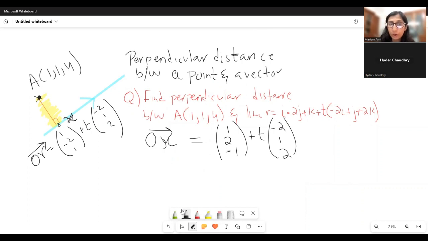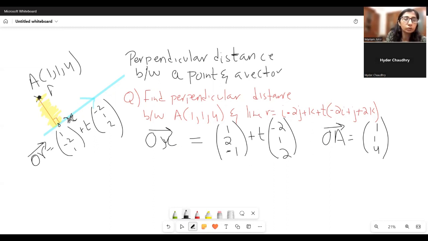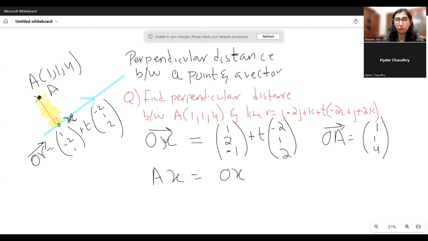So that is what we know about OX. And what do we know about OA? We know that OA is (1, 1, 4), or in other words, i plus j plus 4k. Okay. Now, what you need to do is find the vector AX. So AX would be OX minus OA.